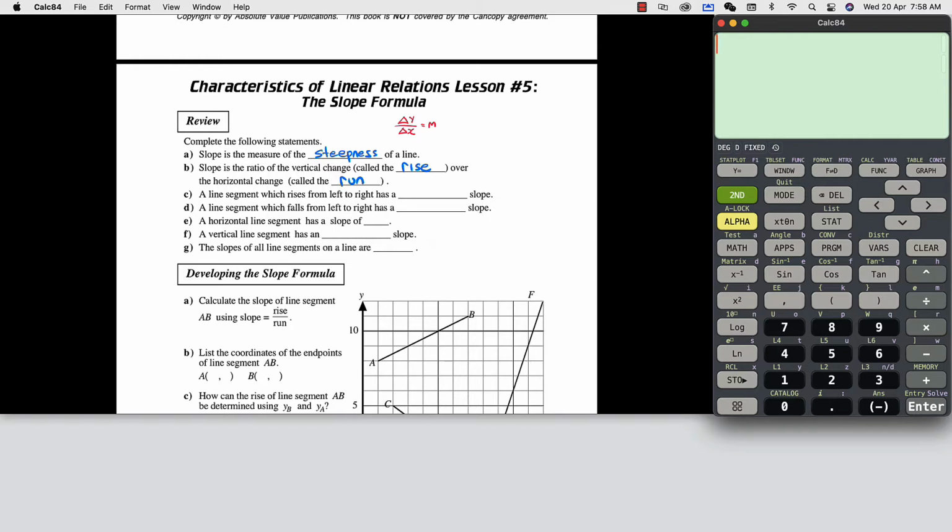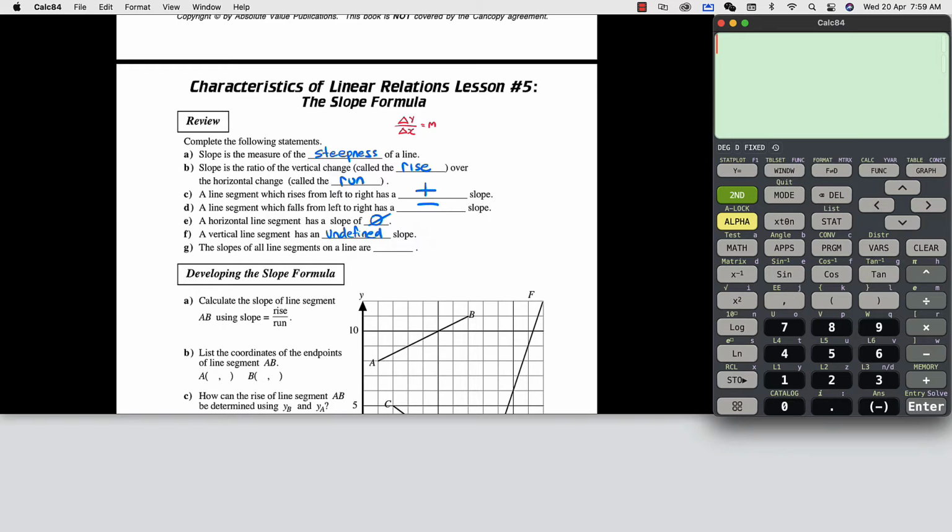So if we go left to right and it seems to go down, that's going to be a negative slope. And if it goes left to right and then goes up, that would be a positive slope. Part E, a horizontal line segment has a slope of 0, and vertical is what we call undefined.